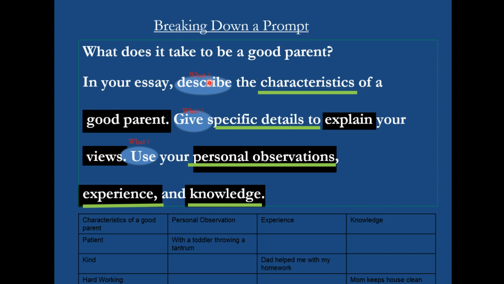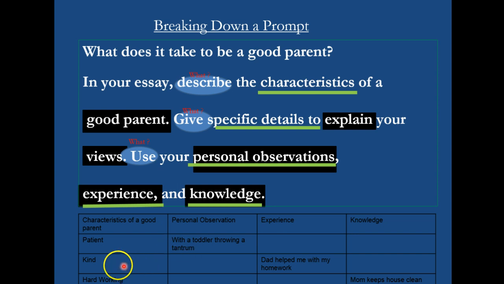Next, I was supposed to give specific details to explain my views. This tells me this is an opinion piece. Did I do that? Yes, I have 3 examples. I use personal observations, experience, and knowledge in these 3 headings. Patient, I talked about a parent needing to use patience when a toddler was throwing a tantrum.